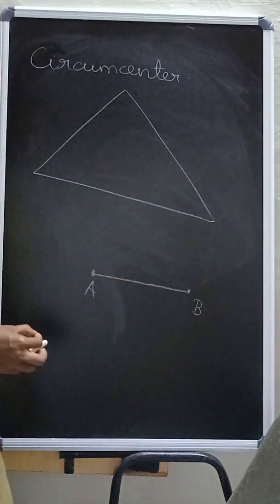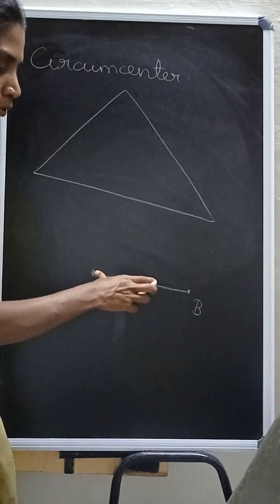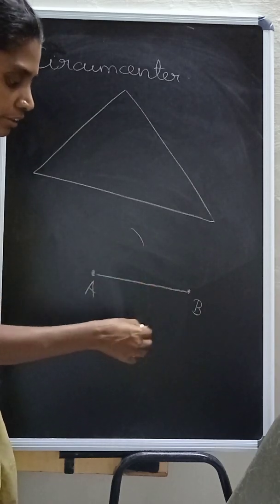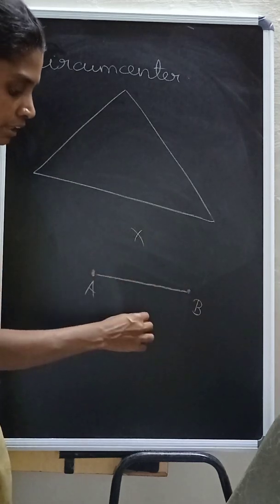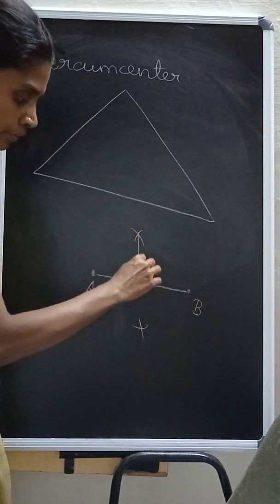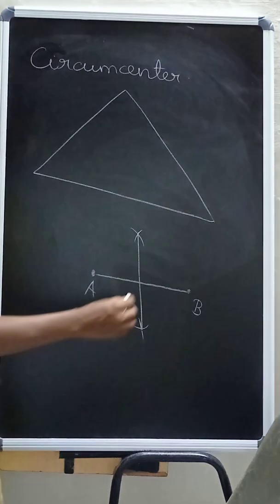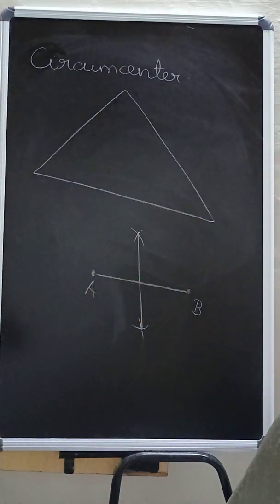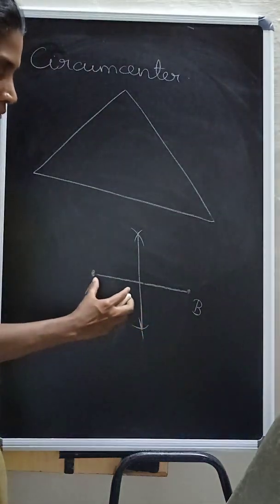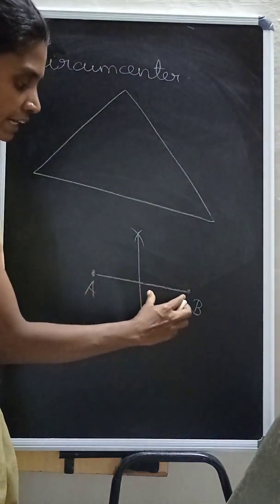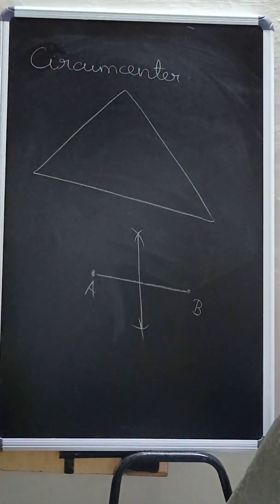So how will you draw a perpendicular bisector? You will take more than half of a radius, cut here or here enough. Without changing the radius, keep it on B. Cut it here and cut it here. And join this. This is your perpendicular bisector. That is the perpendicular line that splits the line into two equal halves is called your perpendicular bisector.